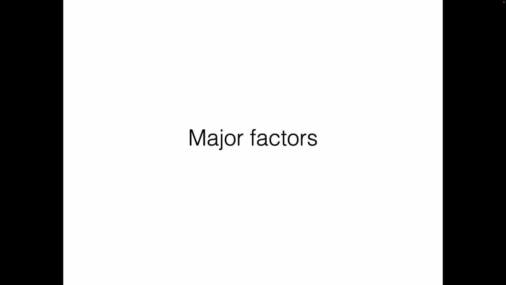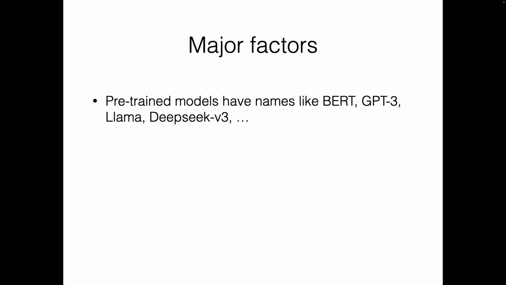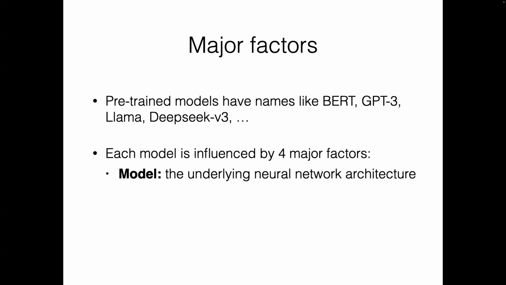So what are some major factors that determine different pre-trained models? Well, you've probably heard of these different models, and they each have their own unique names. Models like BERT, GPT-3, Llama, or DeepSeek version 3. And really, all of these different models are somewhat determined by four different factors, and these factors are the topic of the lecture.